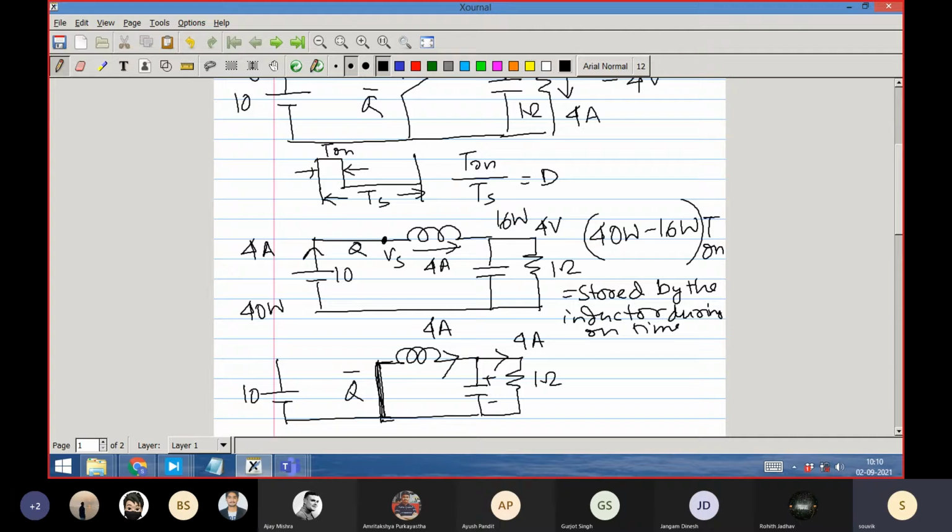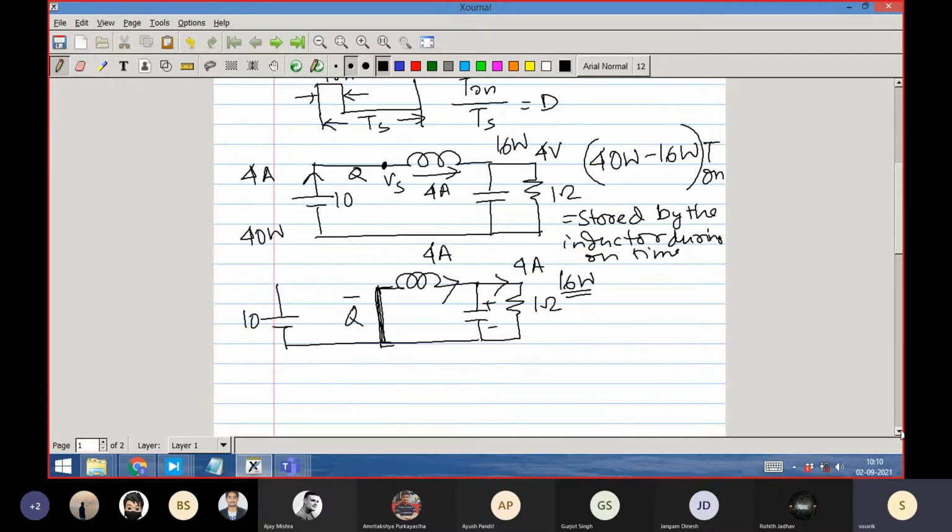So what is happening is, the load is still demanding 16 watt, right? Whatever energy was stored earlier in the on state is now being released to the load. Extra energy which was stored is now released, and it is coming back to the old situation.